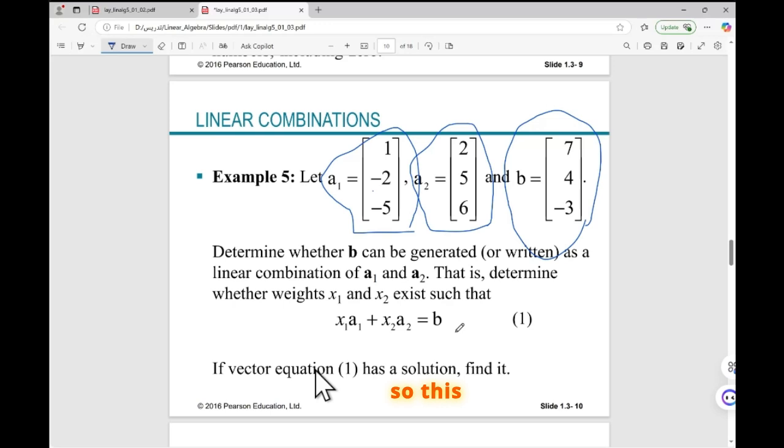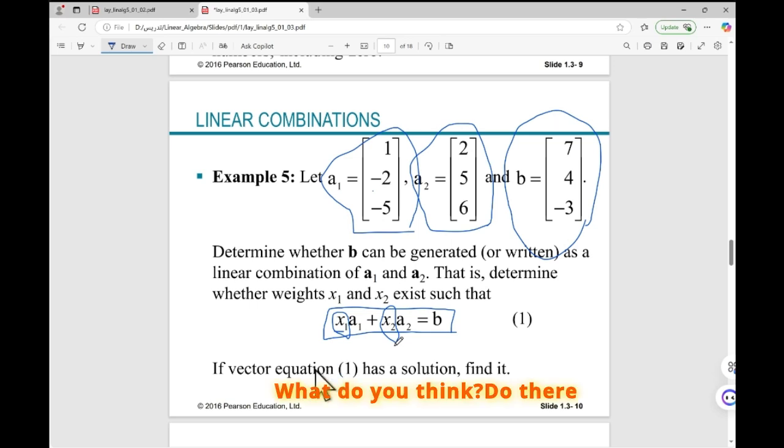This means, are there scalars x1 and x2, numbers or weights, so that x1 a1 plus x2 a2 gives b?